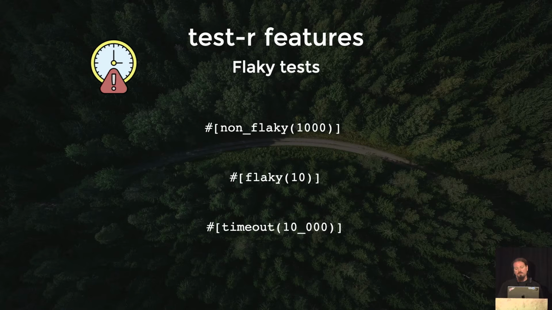Non-flaky means that I want to be sure that this test is not flaky, so please run it 1,000 times and make sure that it never fails. And flaky means that I know that this test is flaky, but I don't have time to fix it, so please repeat it if it's failing at maximum number of 10 times. And timeout is timeout, of course. These were all inspired by ZIO Test and working pretty well.